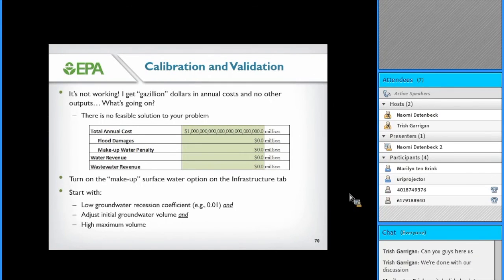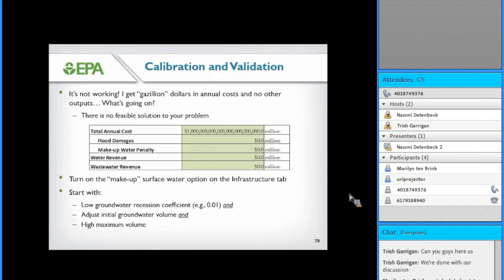So the makeup water penalty will reflect the fact that WMOST needed to basically create water and apply it to the amount of water. It's going to calculate a volume that was insufficient in the system, and it will use that volume as a sort of virtual reservoir.